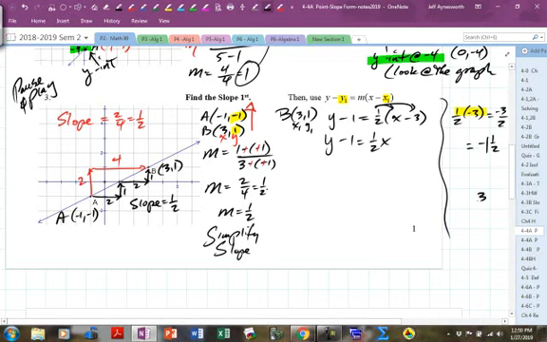It's 1 and 1/2, so minus 1 and 1/2. Add the opposite, and you get y is equal to 1/2 x. Okay, 1 take away 1.5 is negative 1/2. And there we go.